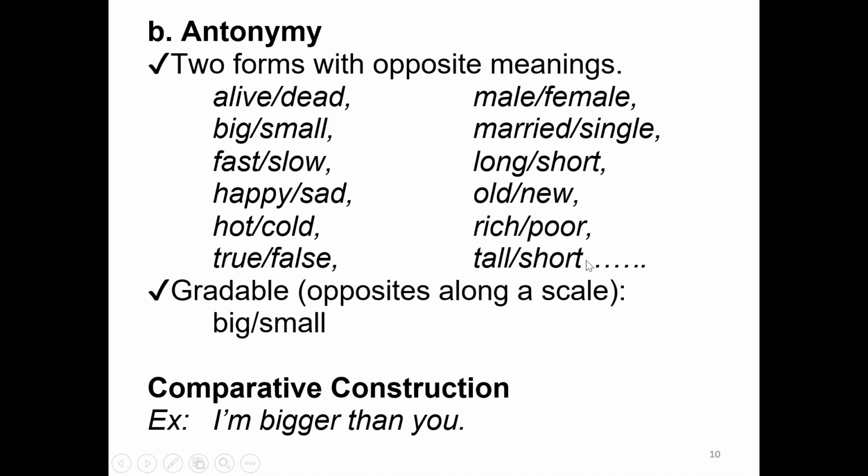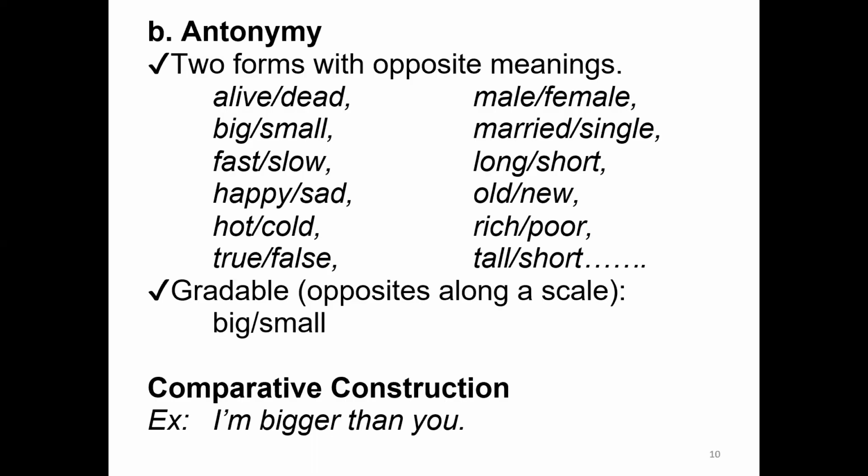And you can also find so many different pairs of antonyms or antonymy in English, not just the few examples I provide in this slide. Okay, so when we talk about antonymy, we probably need to divide this into two.